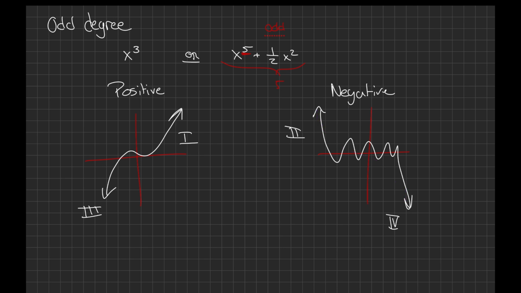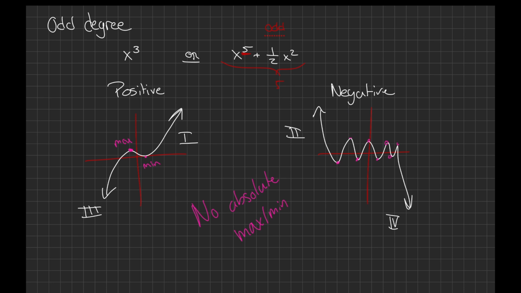But beyond that, we can look at their local minimums and maximums. So here we got one max there, one minimum there. And this one on the right has a bunch of them because it's a higher degree function. But what we can see overall is that there is no absolute max or min.